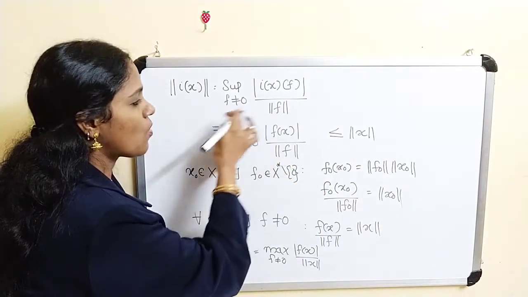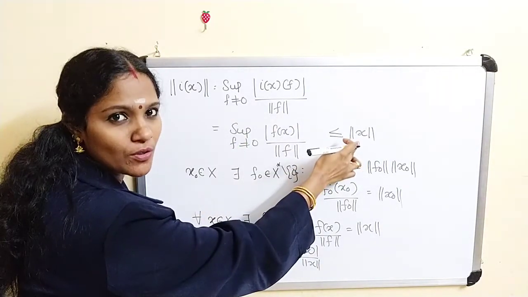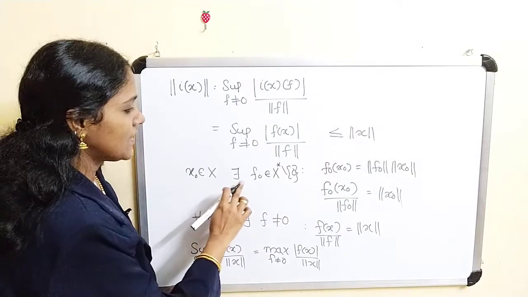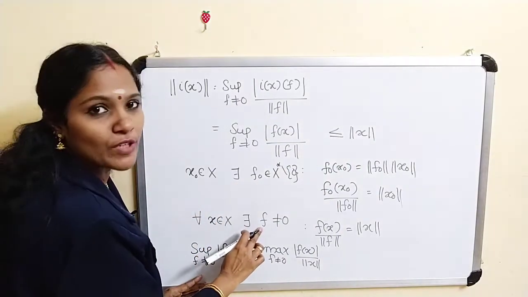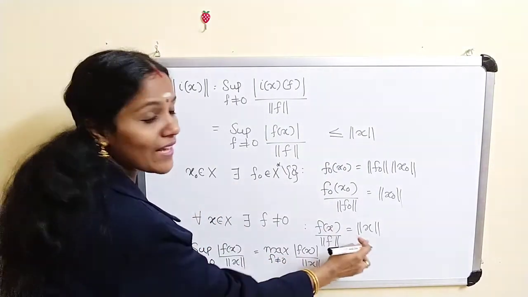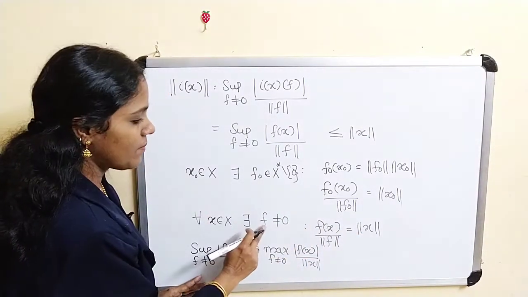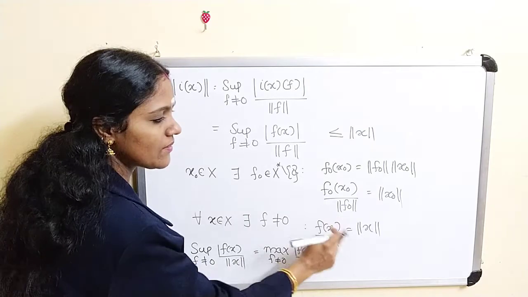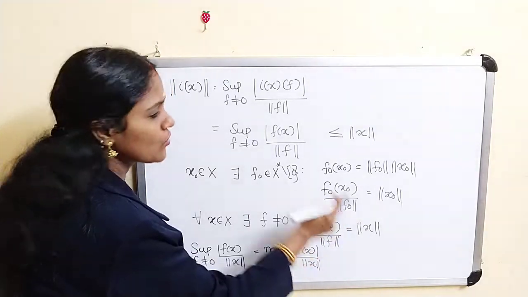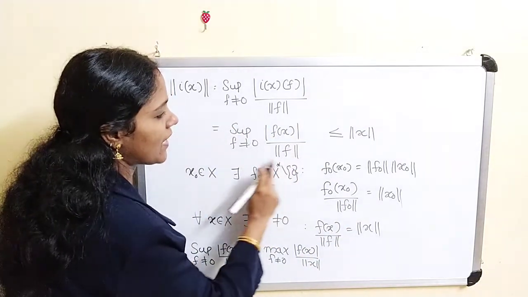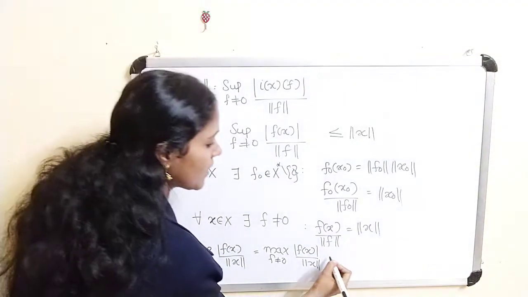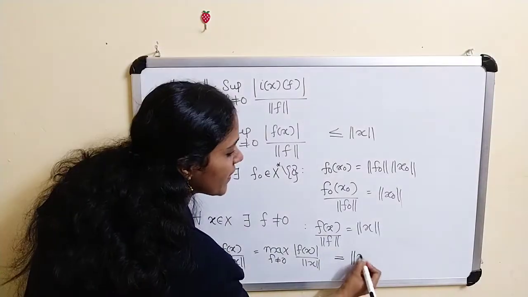Therefore all values are less than or equal to norm of x. But there exists some f such that this value is equal to norm of x. So the supremum of this value is equal to norm of x.